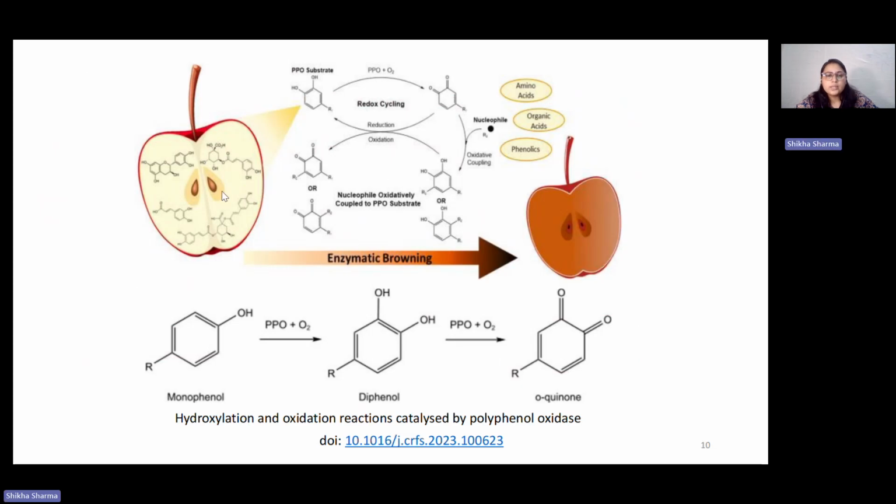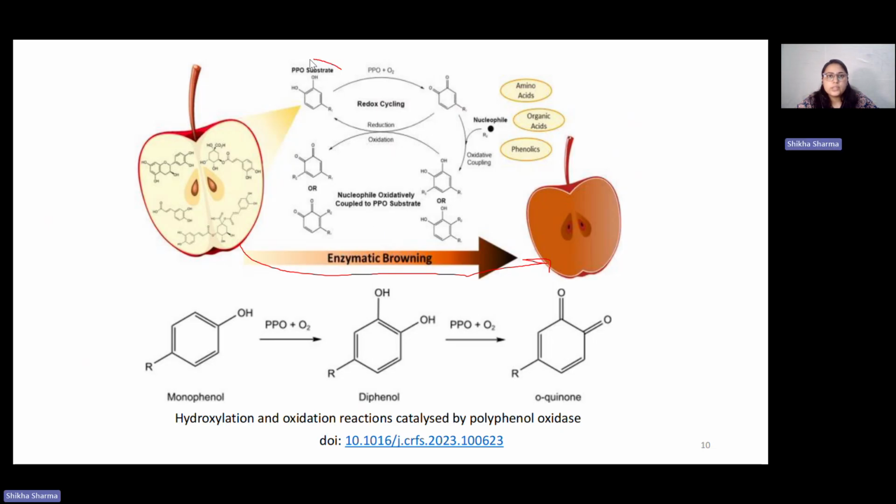Here we can see in an apple, this enzymatic browning is happening and the apple is converted into a brown color. So what is happening basically? There are different reactions taking place in the apple.